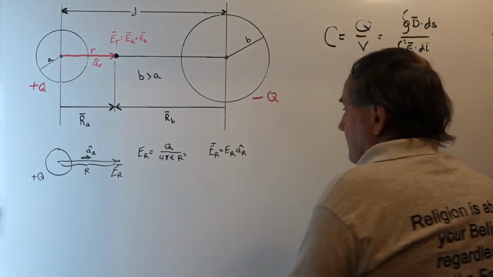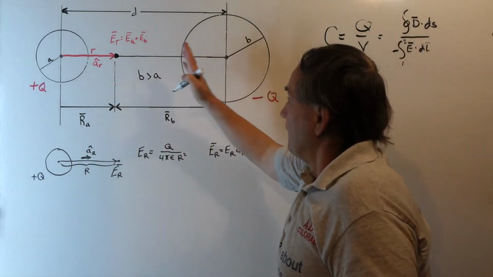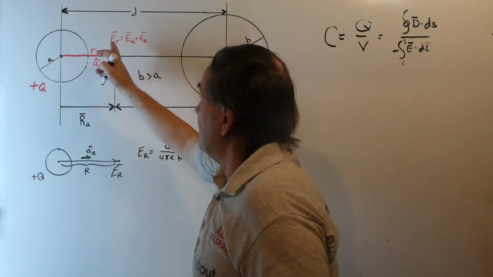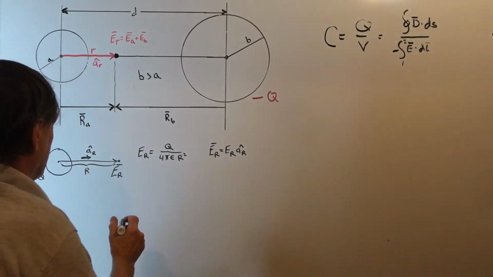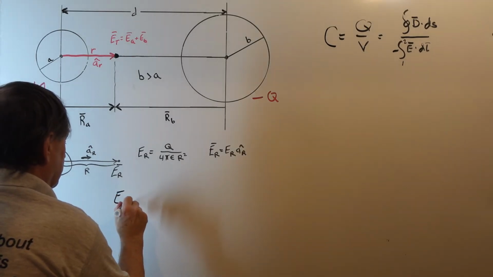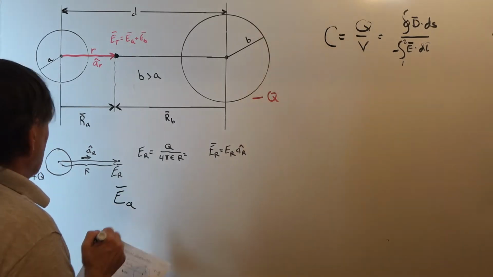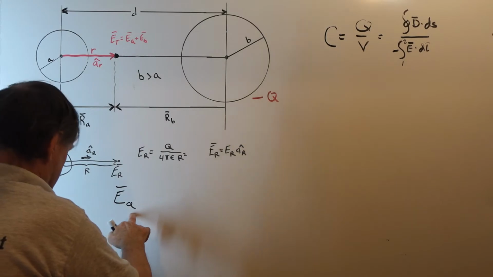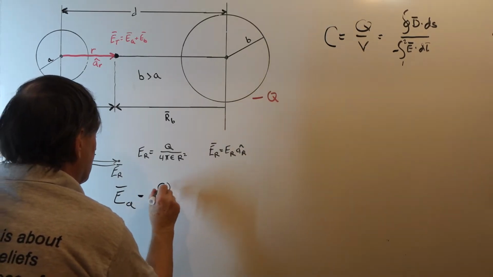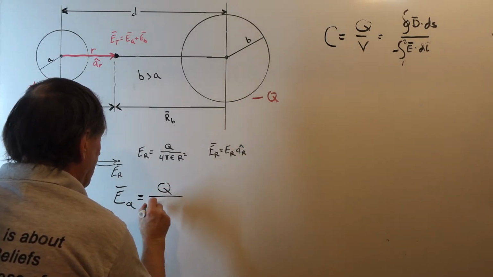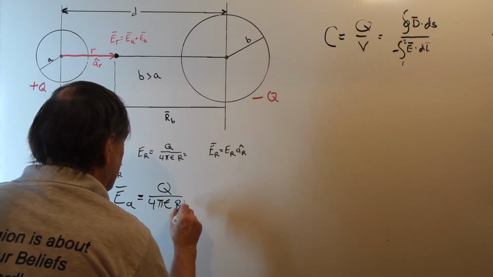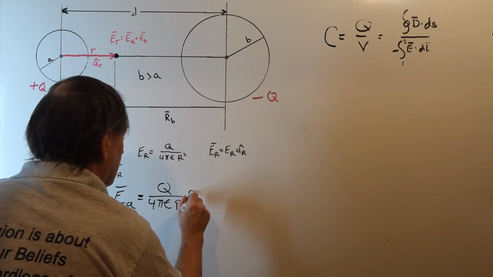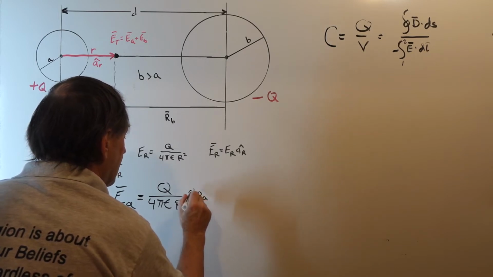Given this geometry, I can write that the electric field from sphere A is Q over 4 pi epsilon r sub a squared in the a sub ra direction.